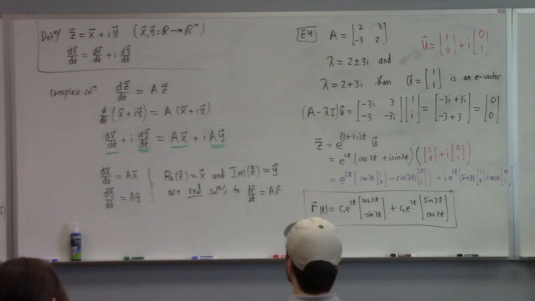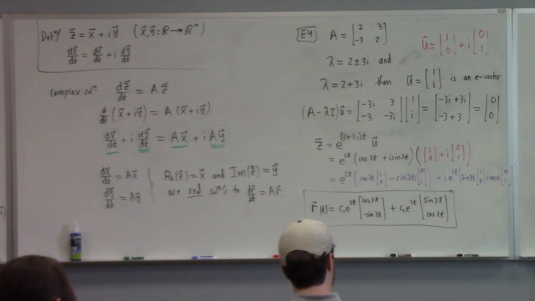But what else have we talked about in the last week? The Jordan form, right? So we know that there are matrices out there which we can't diagonalize, either in the real or the complex sense. And so the question that remains, which I'm not going to answer today, is how do we solve differential equations where you don't have enough eigenvectors or enough complex eigenvectors?